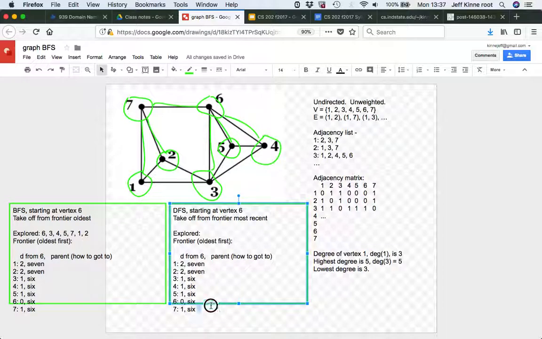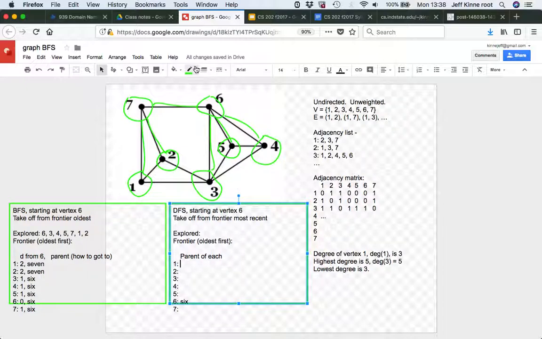So here we'll have not distances, but parents of each. So this is going to start off 1, 2, 3, 4, 5, 6, 7. All of these will be initially nothing, except we'll keep track of, we've already seen 6.